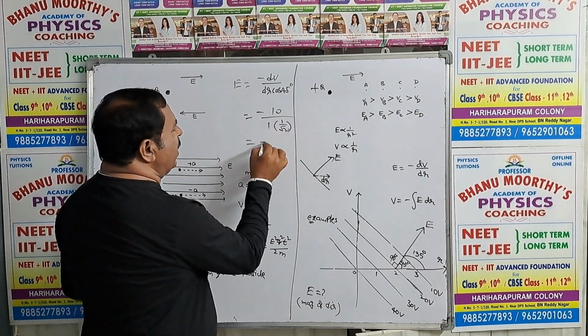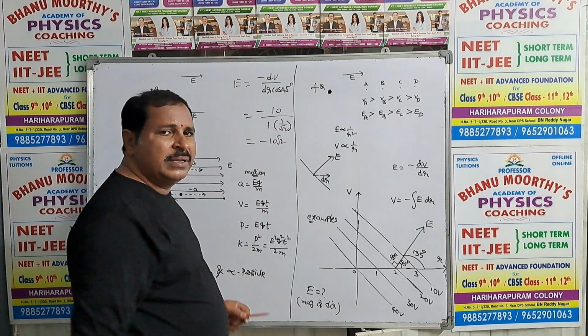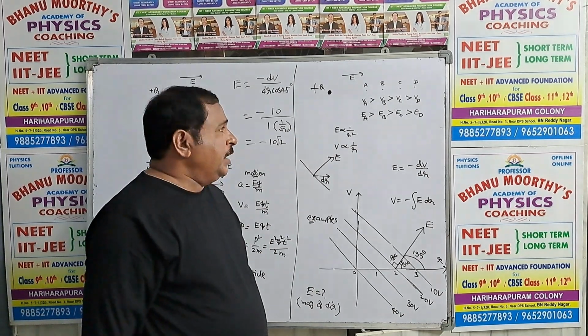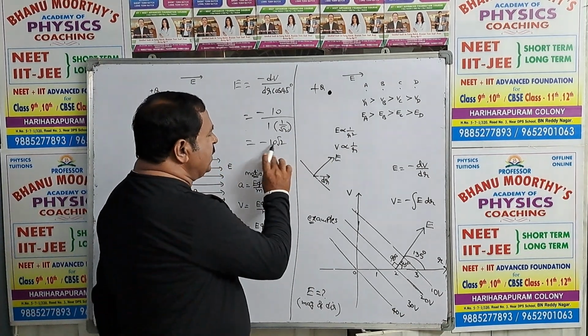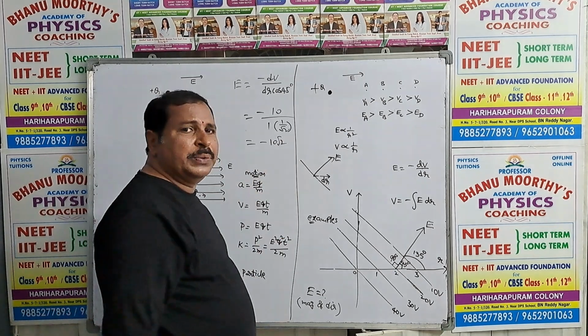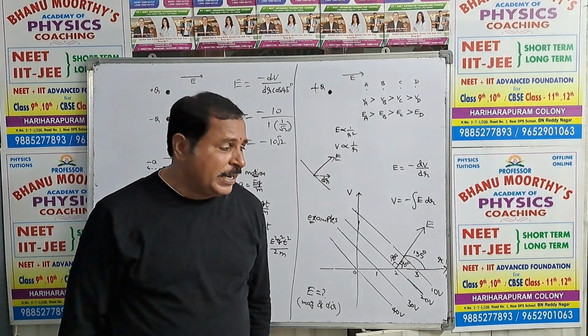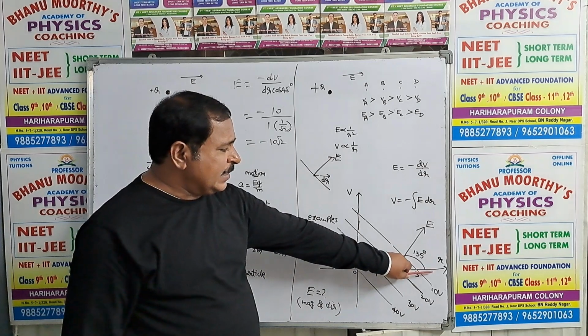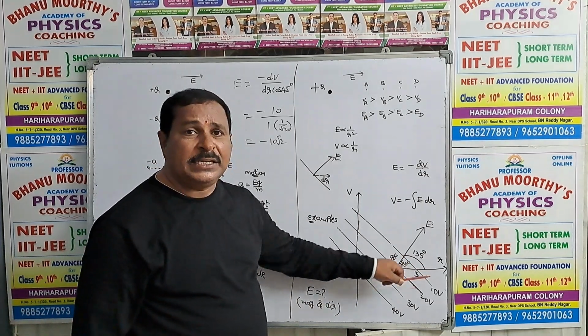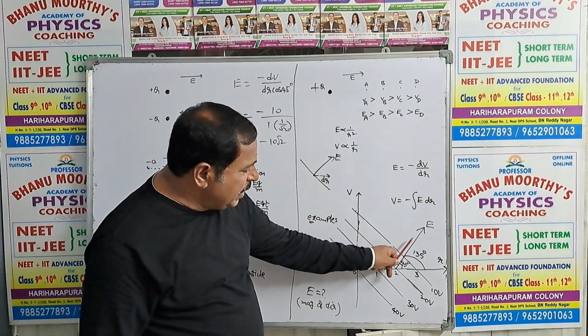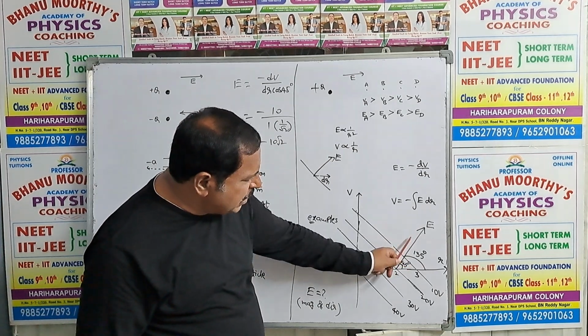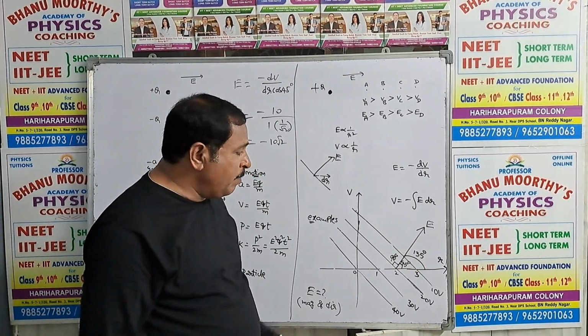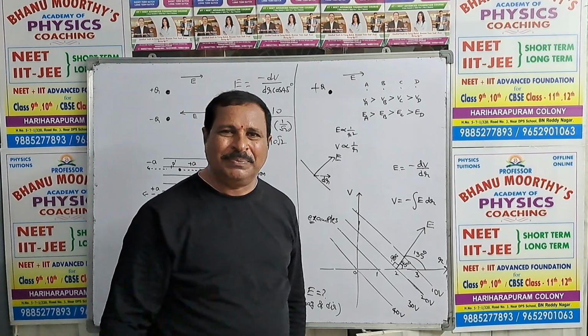So finally, minus 10 root 2. So the intensity direction is 45 degrees with respect to the x-axis, and the magnitude is 10 root 2, my dear students.